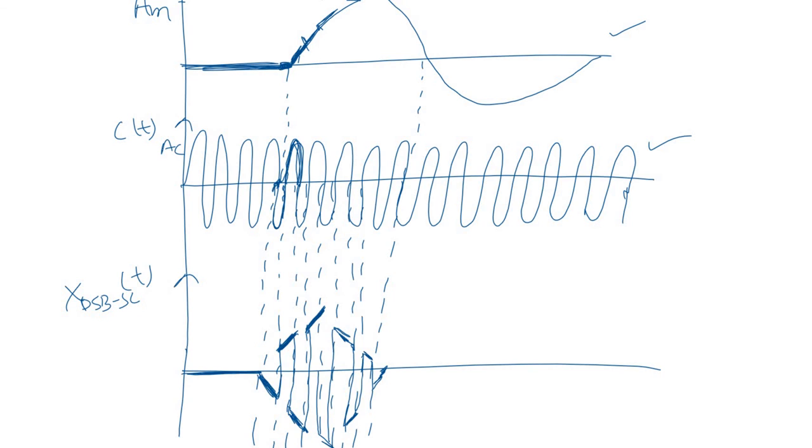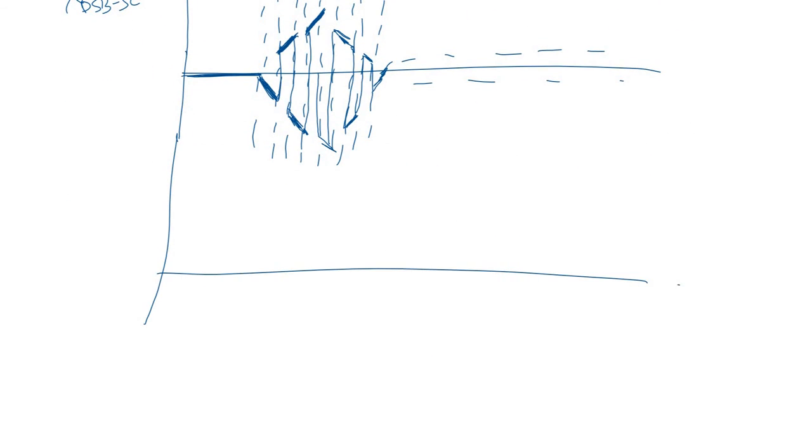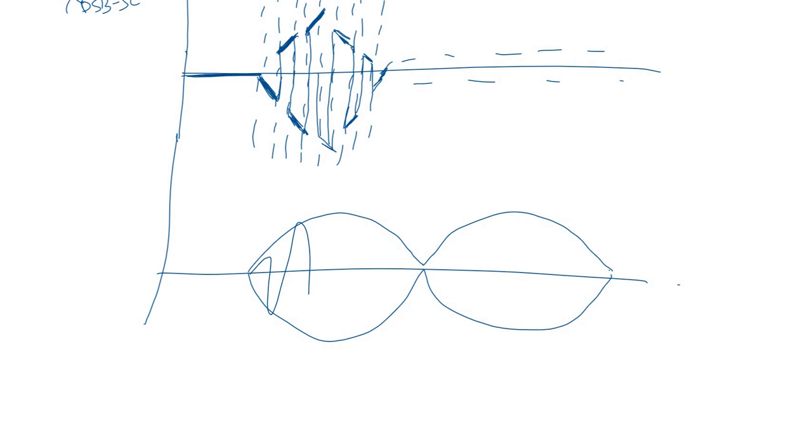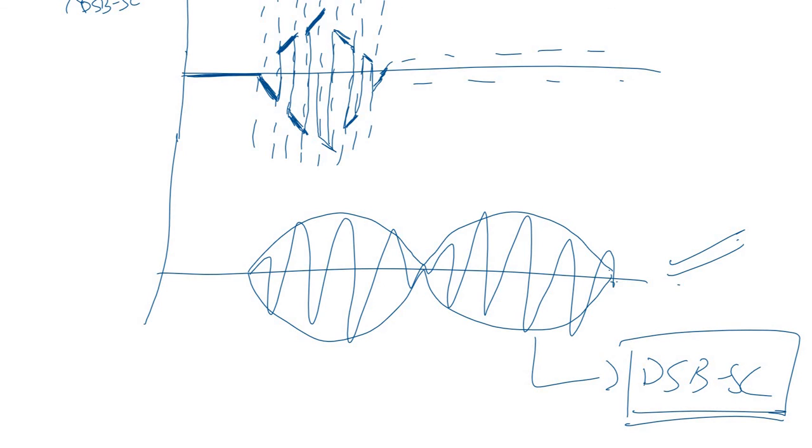Likewise, we can continue with this waveform, and if we join the envelopes, the envelope of the DSB-SC signal is something like this. This shape is nothing but the shape of the amplitude modulated signal of the DSB-SC variant.